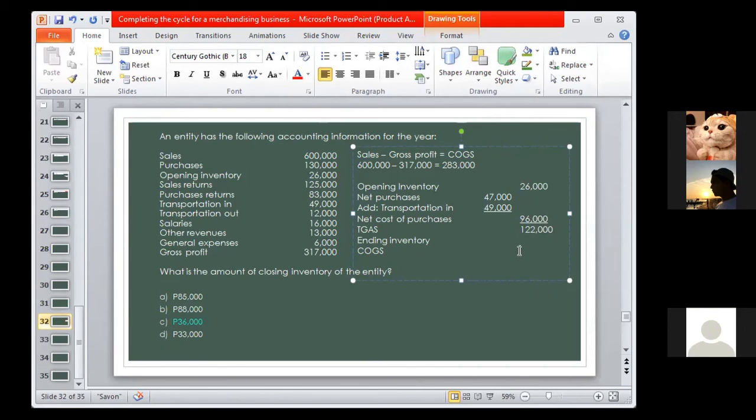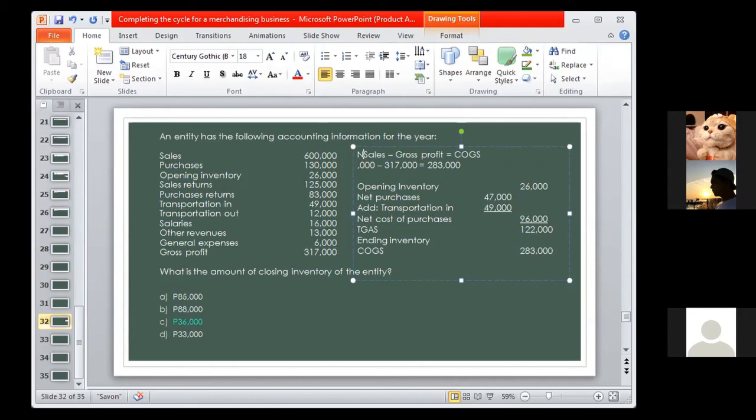Meron tayong COGS na 283. Then meron tayong... mali ito. Teka, sorry. Itong sales, net sales ito.